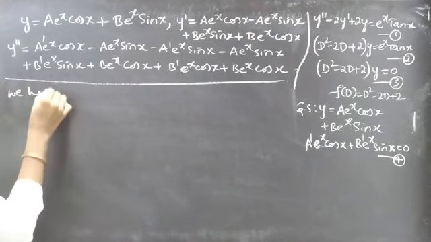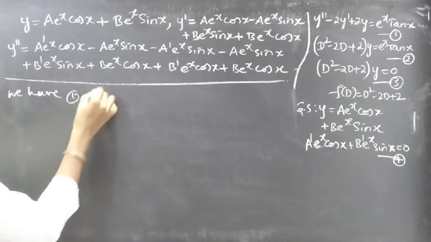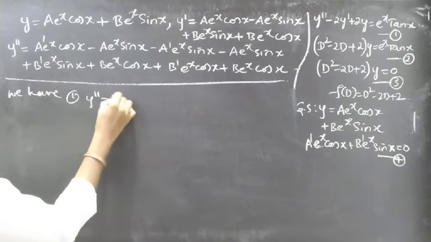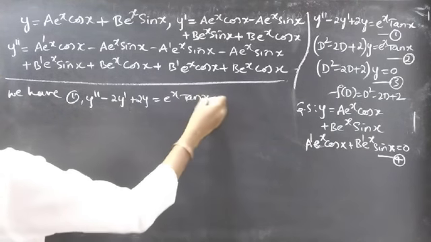We have equation 1: y double dash minus 2y dash plus 2y equal to e power x tan x, right?